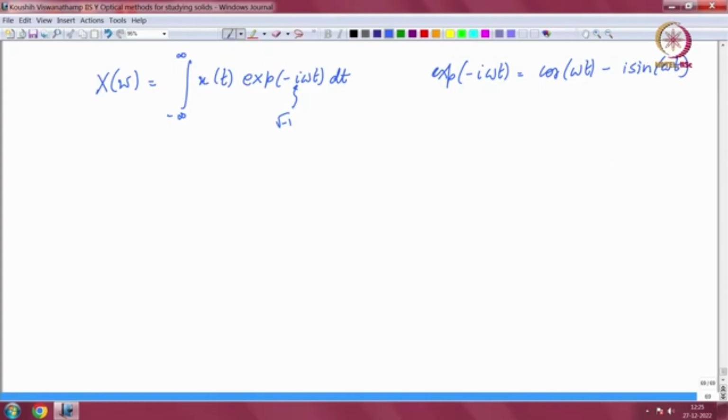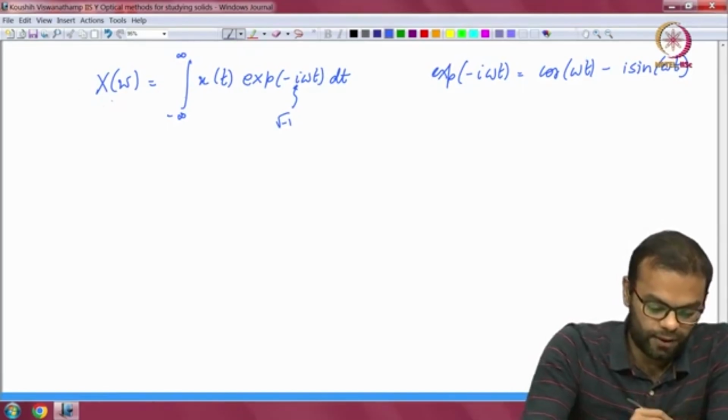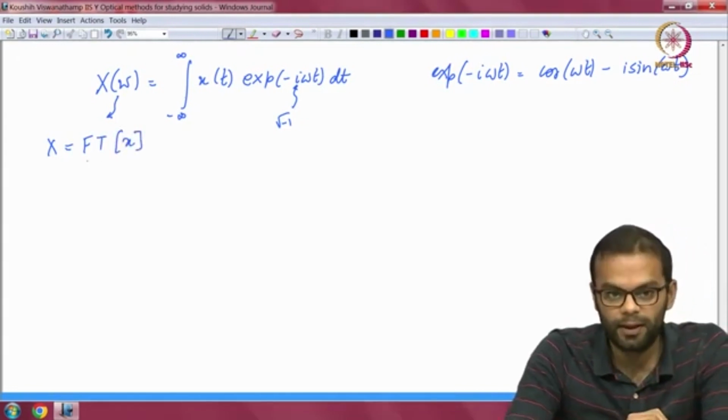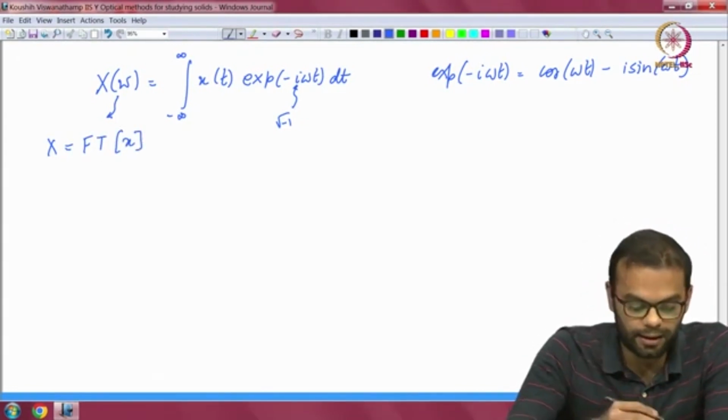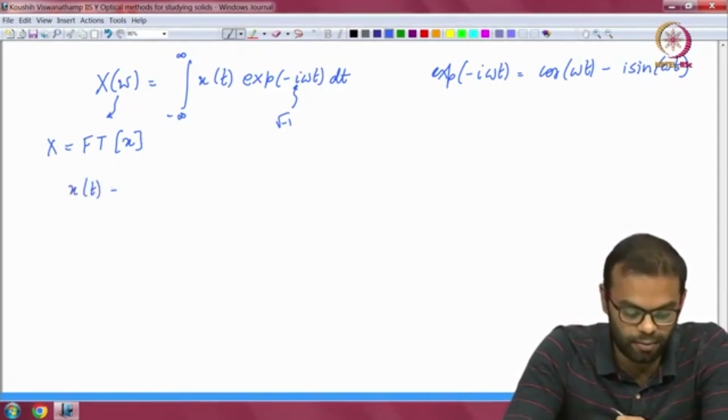So, it really is two parts, a real part and an imaginary part that you have to take into account. Okay. Good. Now, this is called the FT, or X is equal to FT of x, FT being Fourier transform. You can reconstruct small x if you knew capital X by doing what is called the inverse transform.